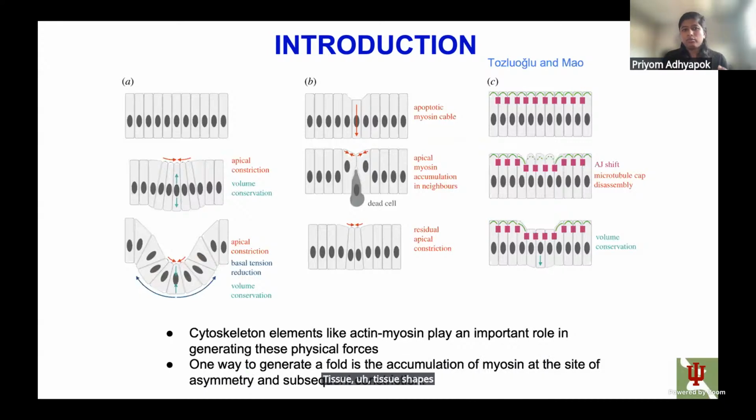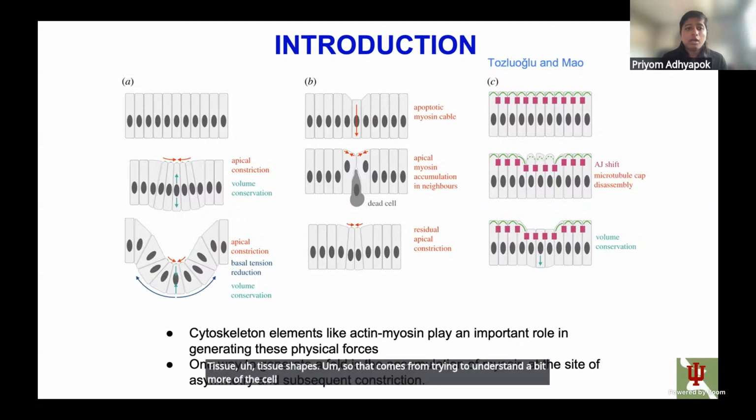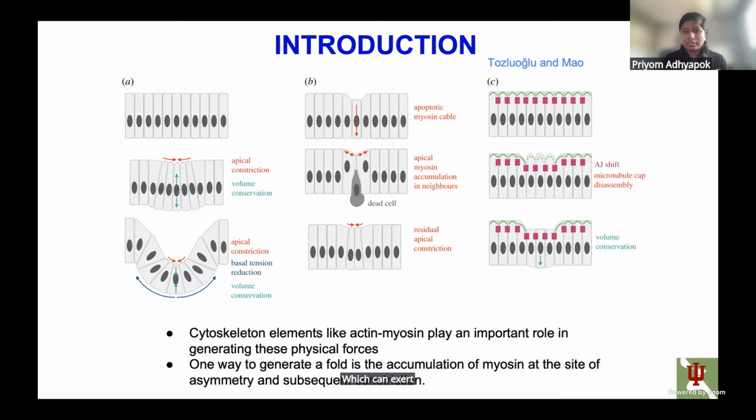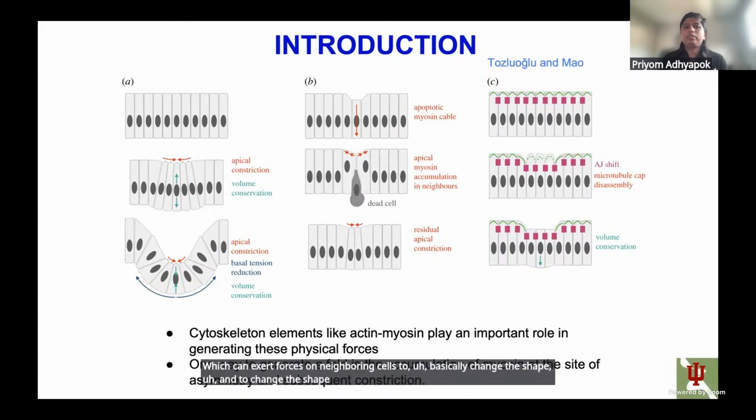That comes from trying to understand a bit more of the cellular behavior, because the cells which build up tissues are often comprised of intricate elements of cytoskeleton, which can exert forces on neighboring cells to change the shape at the cellular level, which will then be imparted at the tissue level.